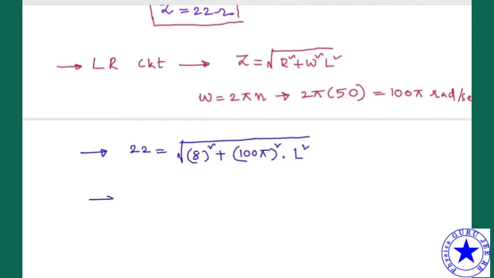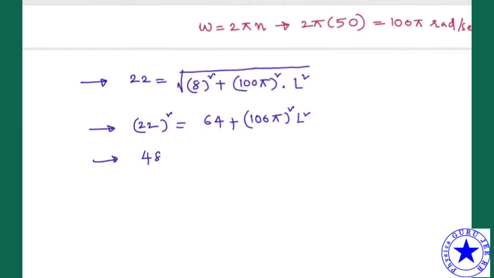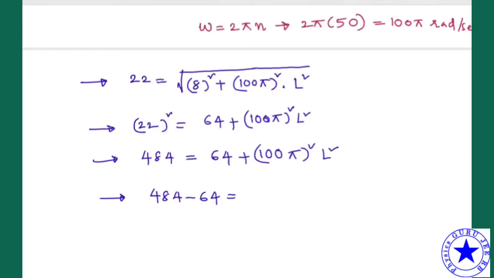Now squaring on both sides, what will I get? 22 whole square equals 64 plus 100 pi whole square into L square. 22 whole square is 484. So 484 minus 64 equals 100 pi whole square into L square, or simply 420 equals 100 pi whole square into L square.